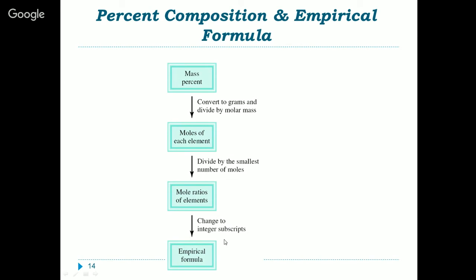So once we have our subscripts, we simply can write our formula. Say it's C2H4O2. So mass percents into empirical formulas. Once again, it's just a series of steps of conversions. Mass to moles, moles into a simpler number of moles, and then our moles go into our subscripts.